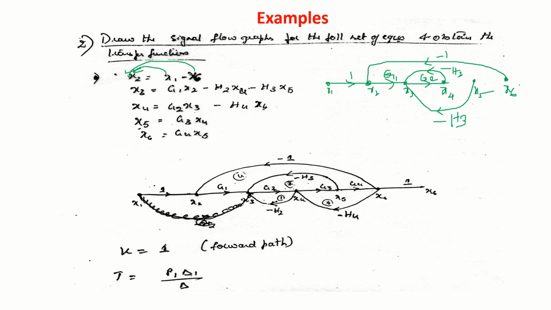Then X6 to X4, minus H4. Next X4 to X5, G3. Then X5 to X6, this is G4.